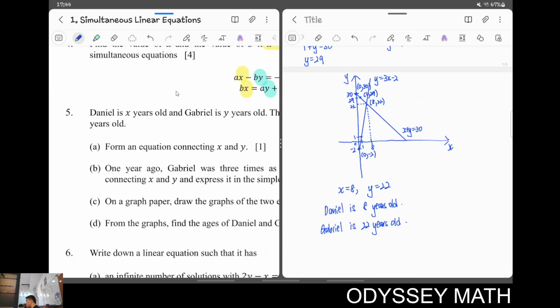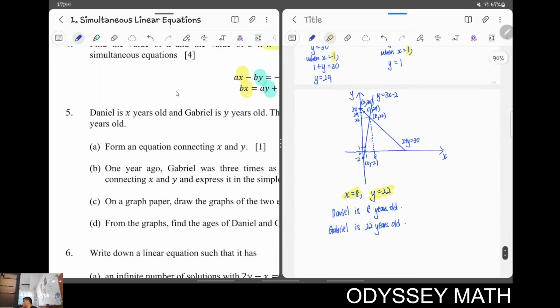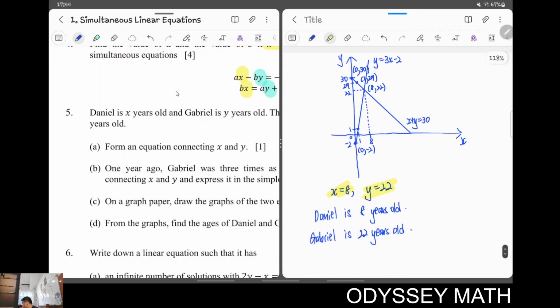The intersection of the two straight lines will be the solution to the simultaneous equations. So x equals 8 and y equals 22 is the solution based on this intersection, and also the solution to these two simultaneous equations. If you had solved this via elimination or substitution, you will get the same answer as if you have done it using the graphical approach.